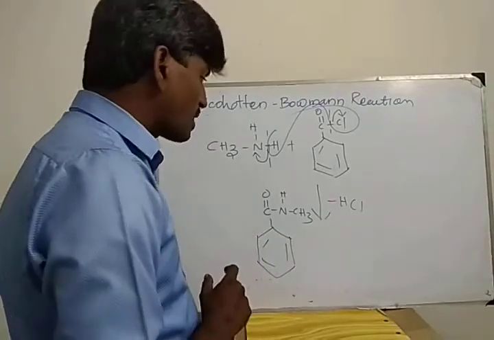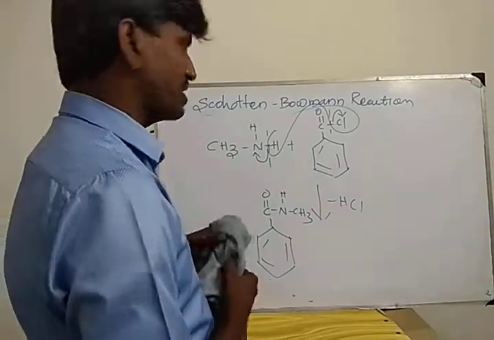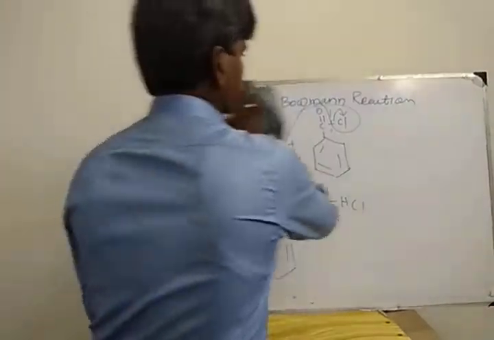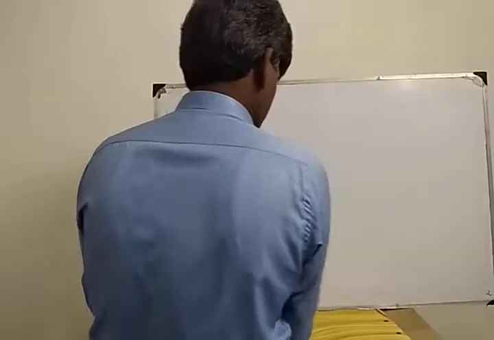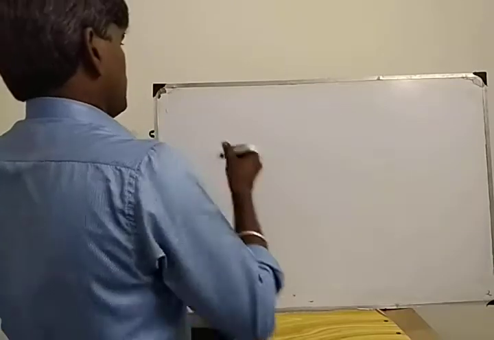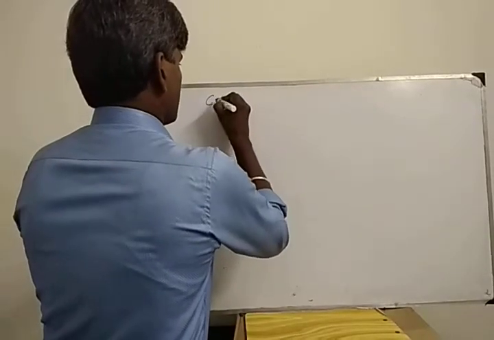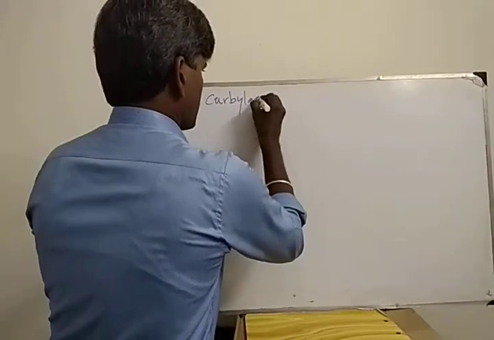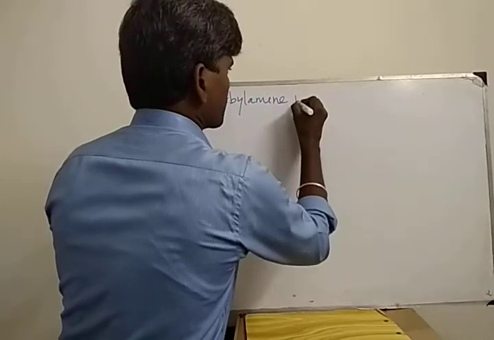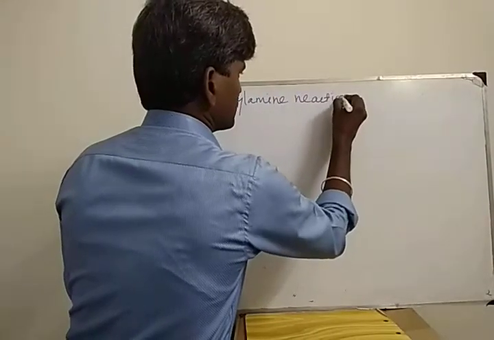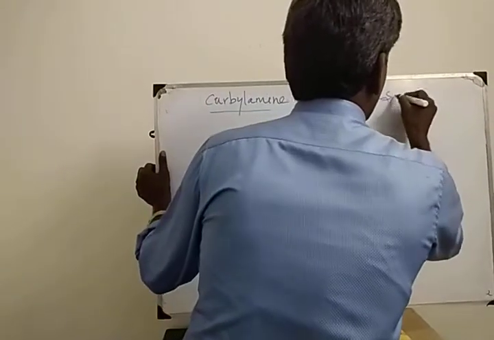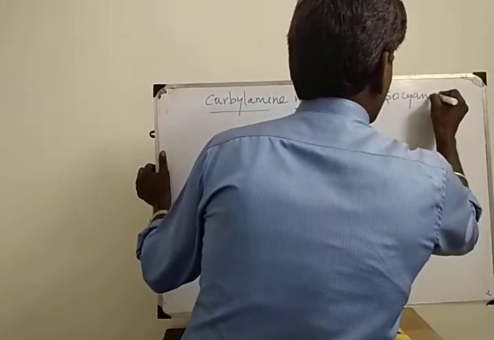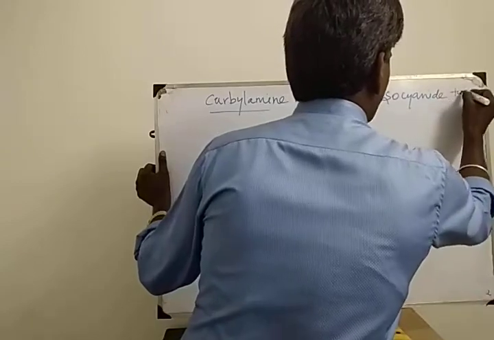Next one is the carbylamine reaction. Its other name is the isocyanide test, because its product is isocyanide.